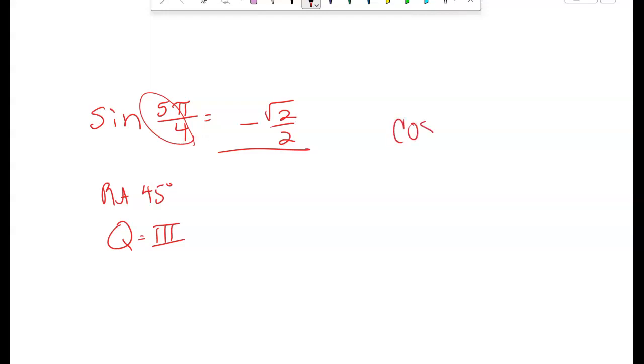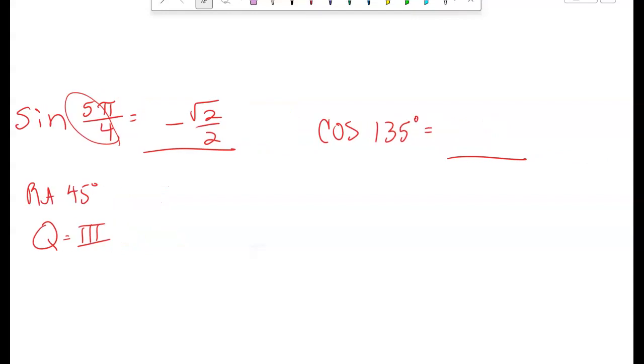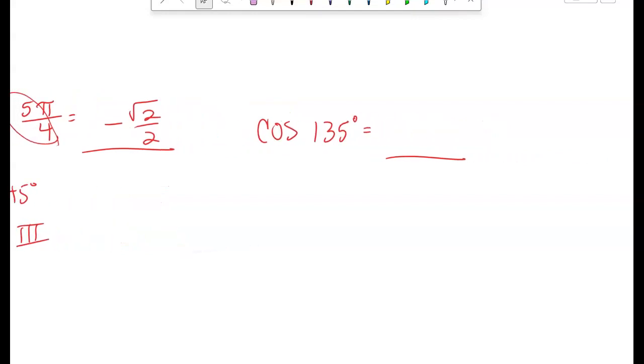Let's go, the cosine of 135 degrees. Do you love how I'm just flipping between the two? Cosine of 135 degrees. Almost. Okay, that's the angle, 3 pi over 4 is the angle.